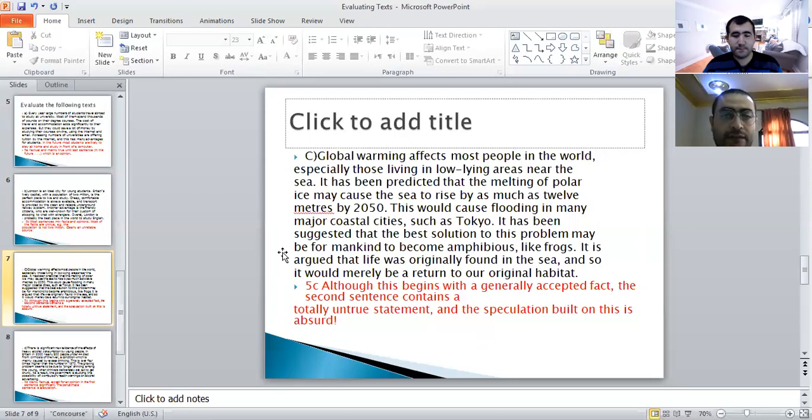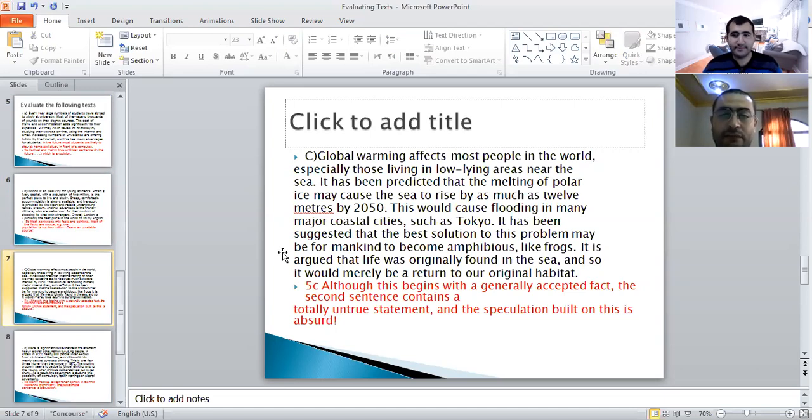Let's look at the text. Global warming affects most people in the world, especially those living in low-lying areas near the sea. It has been predicted that the melting of polar ice may cause the sea to rise by as much as 12 meters by 2050. This would cause flooding in many major coastal cities, such as Tokyo.